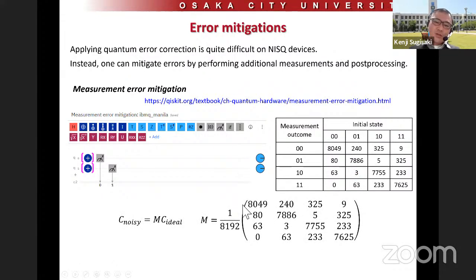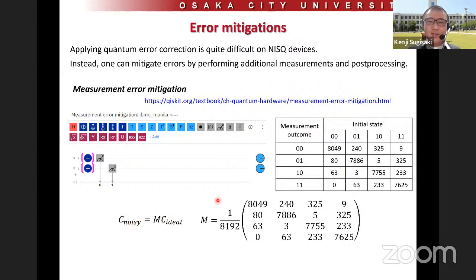By performing this kind of quantum circuit, we can define this M matrix. We can think of it as starting from the ideal state, but because of the error, we obtain the noisy outcome.